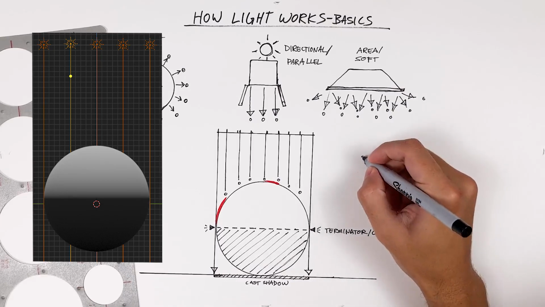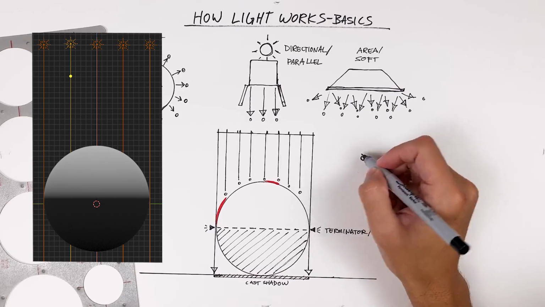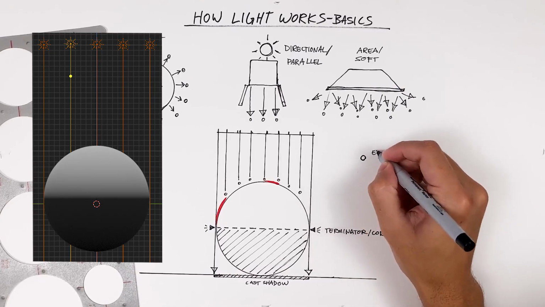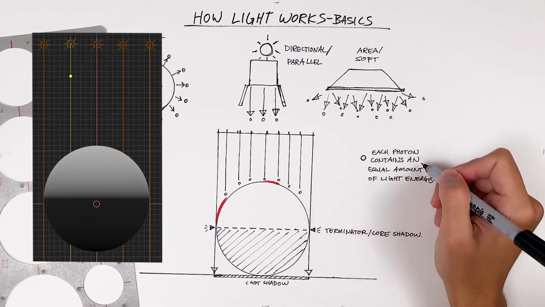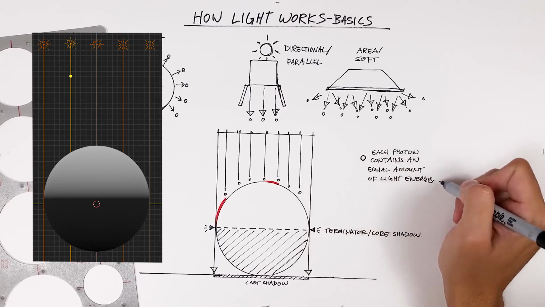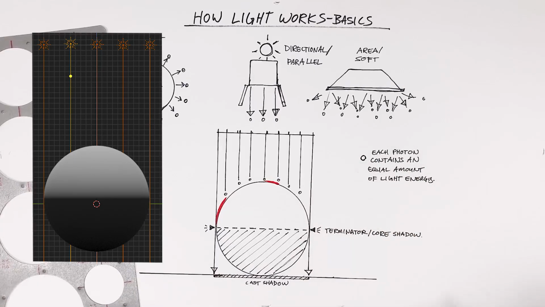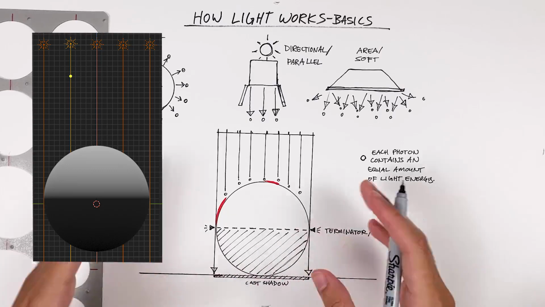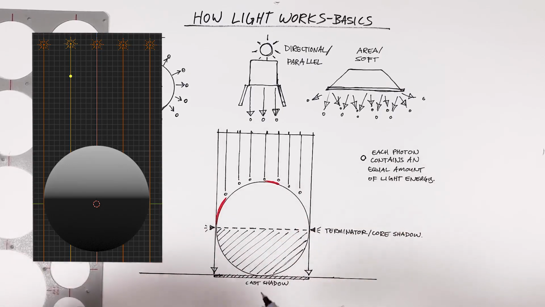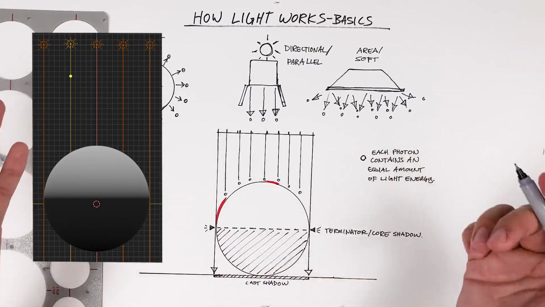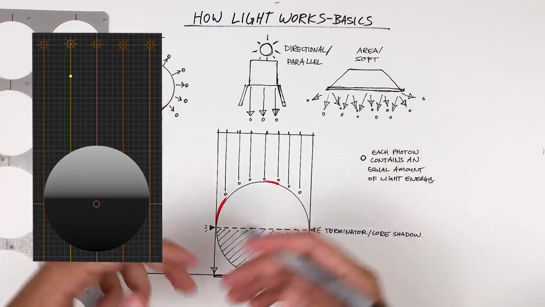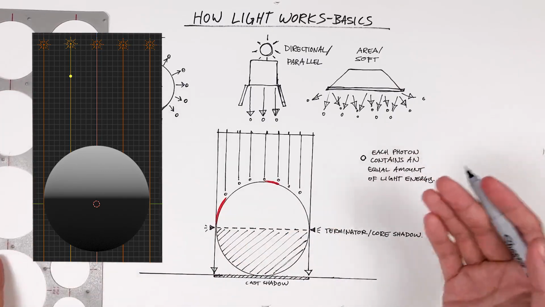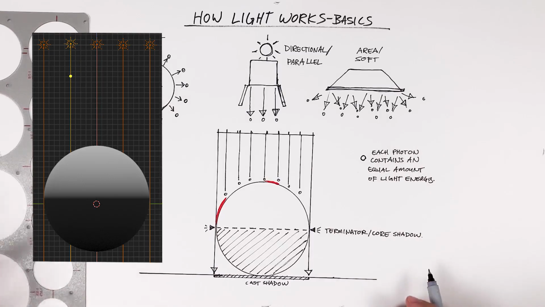Now, each photon we're going to assume, and this is generally correct, contains an equal amount of light energy, right? Whatever that amount is. Let's say that the amount of light energy that each photon contains is, I don't even know how to measure it. It's 30 watts, 1,000,000 watts, 1,000 watts. It doesn't matter. For our purposes, all that matters is that they're equal.